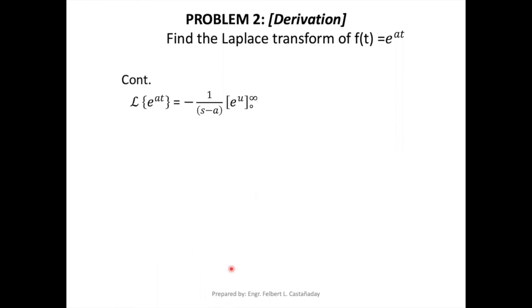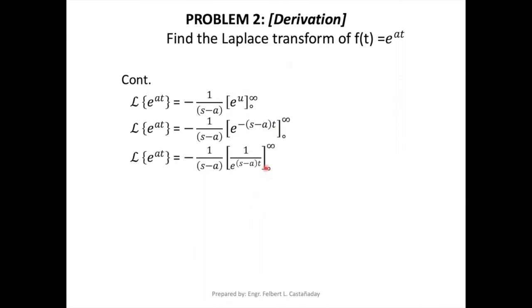Integrating e raised to u du, we have e raised to u. Before we plug in the limits, we need to bring back the original value of u, and that is e raised to negative times the quantity s minus a times t. So upper limit minus lower limit. What we just did here is to make the exponential function positive with the positive power.